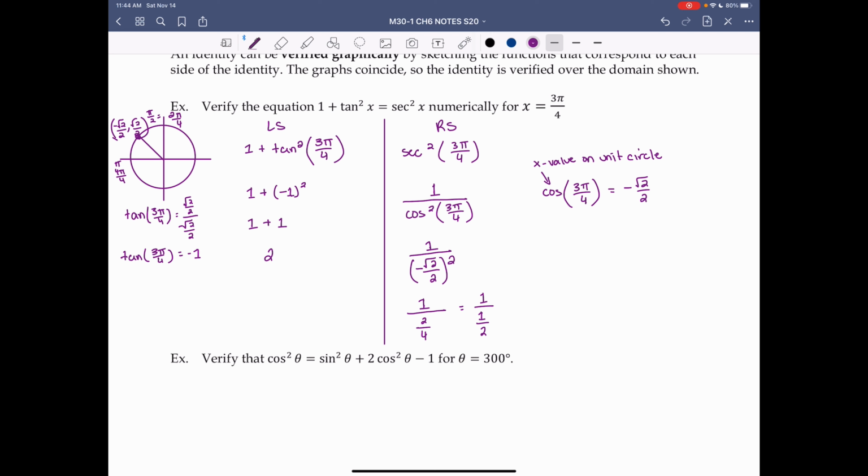And then we are dividing by a fraction, so we can multiply by the reciprocal. We get 1 times 2 over 1, which equals 2. So then the left side equals the right side, which means we've verified the equation for the specific angle of 3 pi over 4.